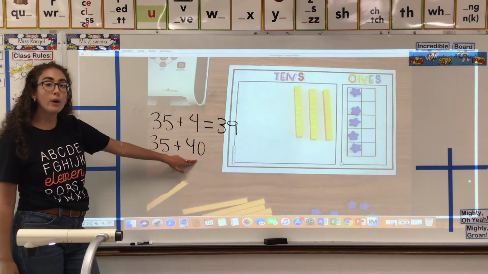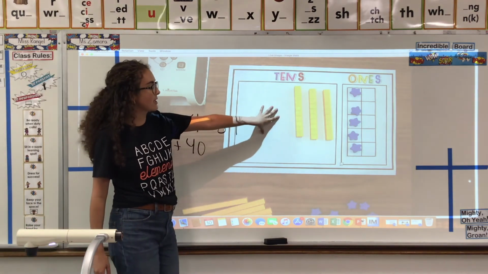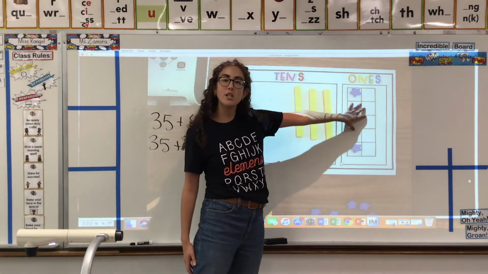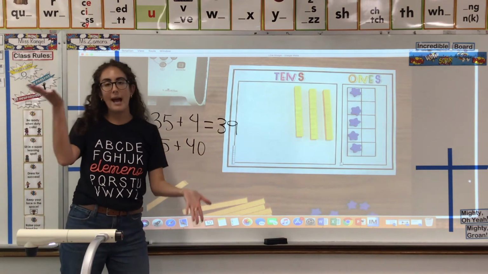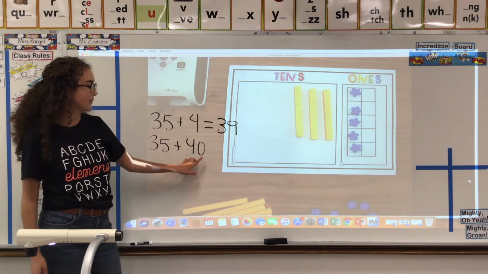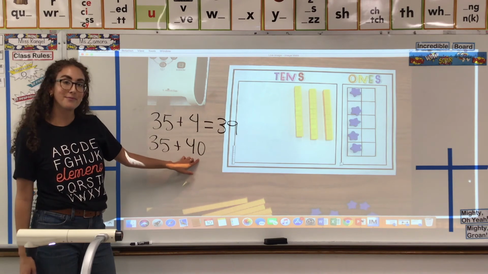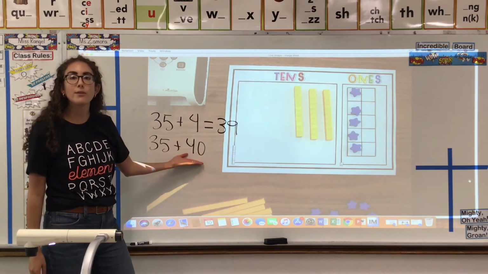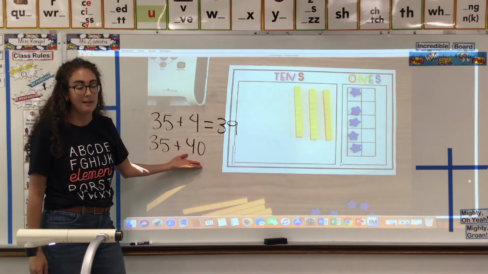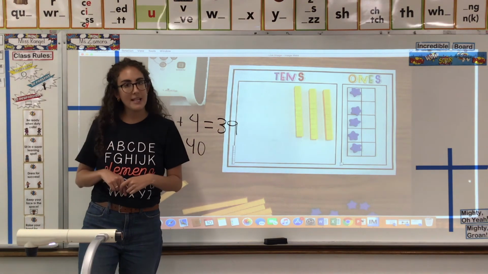If we're adding 40, are we going to change our ones or our tens? Are we adding to the tens or the ones? We're going to add to the tens because 40 is 4 tens. So let's go ahead and do that on our place value chart.